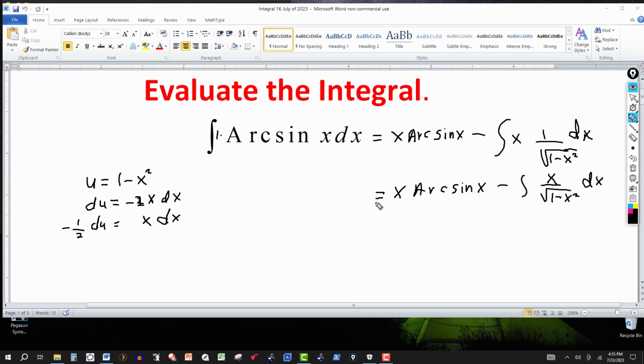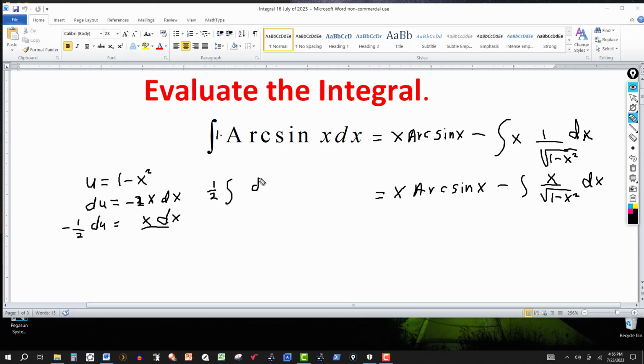So then when I work this integral over here, I've got the minus there, and I've got this minus 1/2, so the x dx, you can see x dx up here will be replaced by du times negative 1/2, or du over negative 2. So either way, this negative will cancel here. So when we get the integral, I have a positive 1/2 out here.